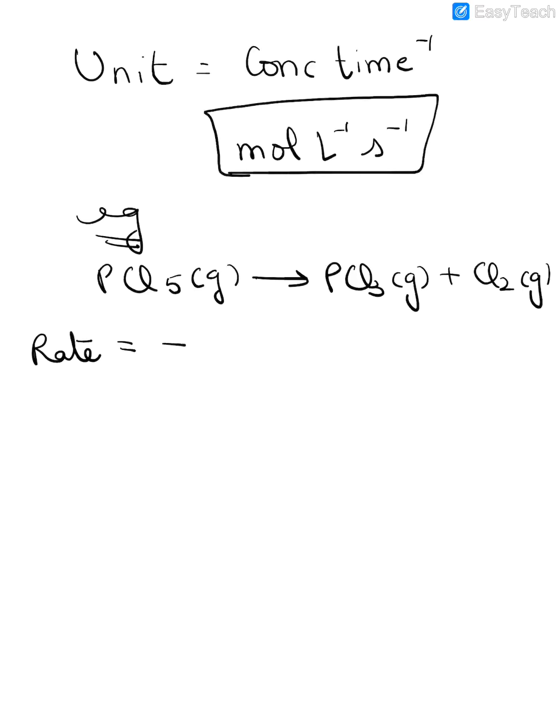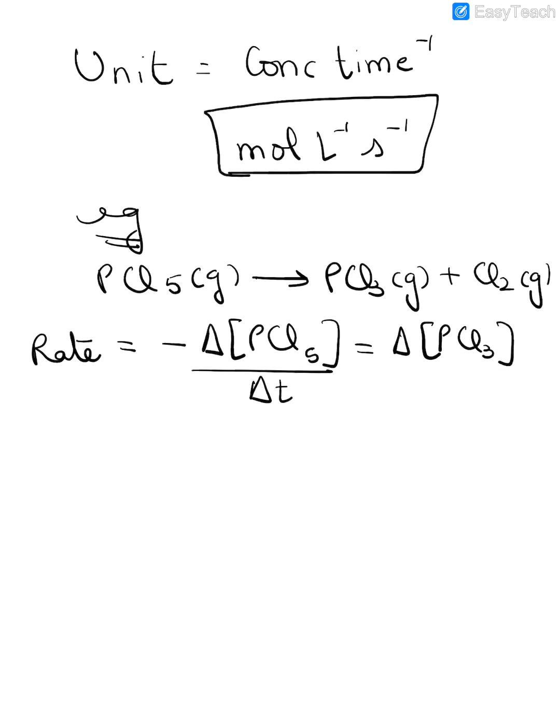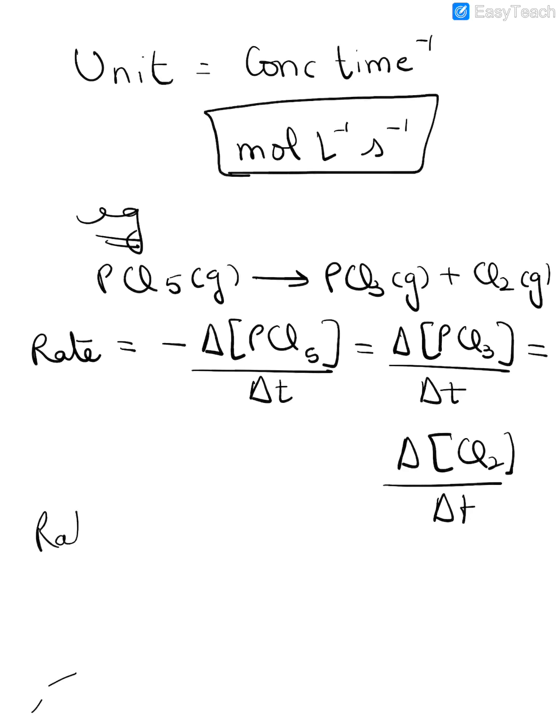So it can be written as minus concentration in terms of the reactant, or in terms of the concentration of product. Moreover, whenever there is any stoichiometric coefficient, we always use that coefficient.